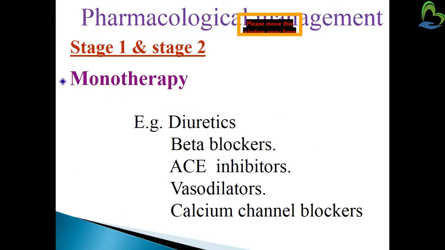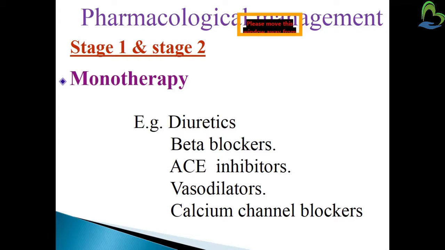Next is pharmacological management. In stage 1 and stage 2, we saw previously how the ranges differ. If the pulse pressure is increasing, that is, the difference between diastolic and systolic is more than 40 mm of Hg, then we have to give a combination of therapies. But in stage 1 and stage 2, we can go for monotherapy, single drugs will work. There is a classification of antihypertensive drugs.